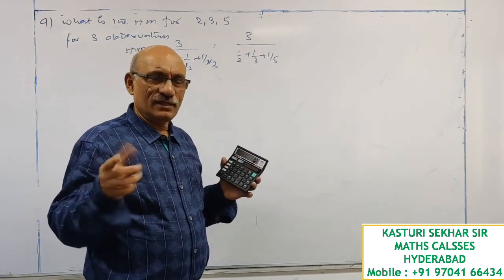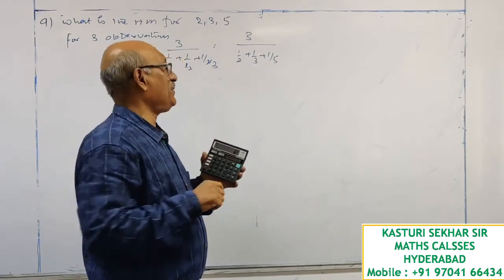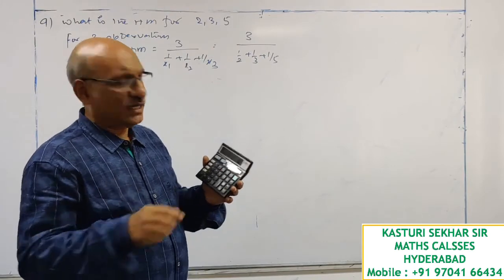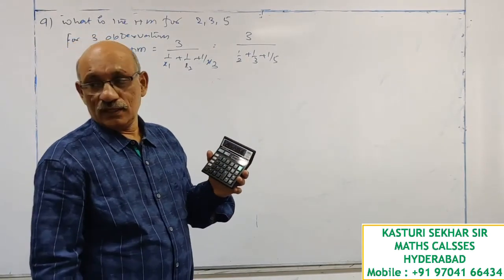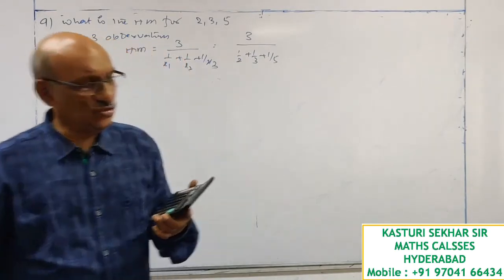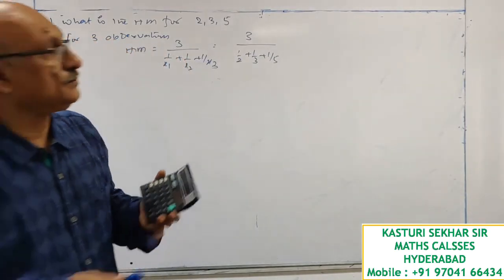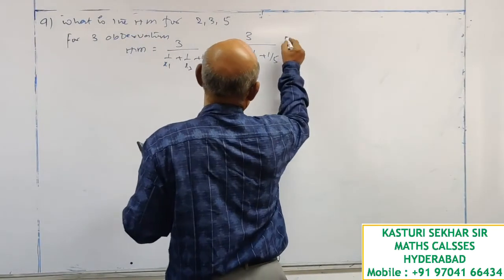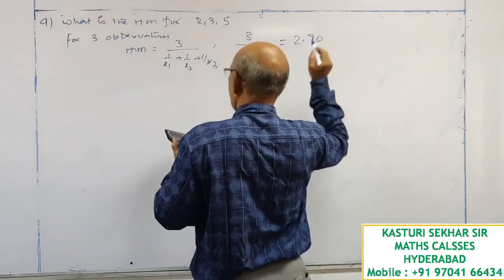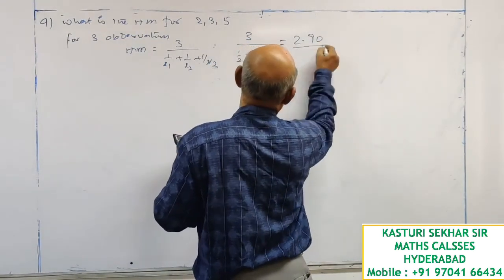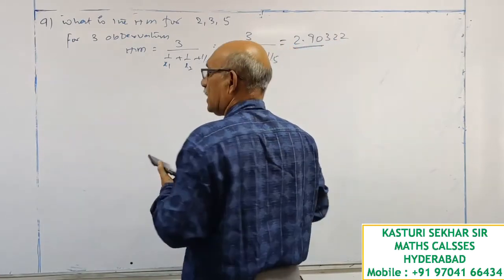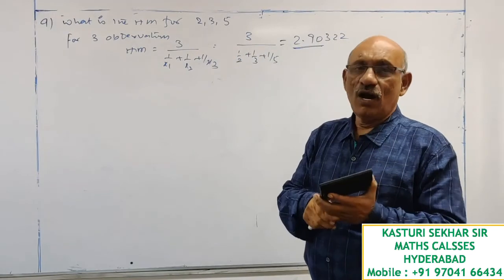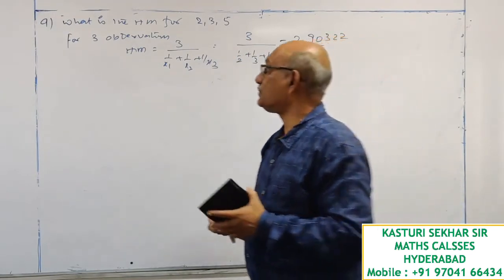The denominator is simplified and that value is stored in the memory. The numerator is 3, so 3 divided by MRC. This is 2.903. You can take other values also, depending upon the options, how many digits we have to consider.